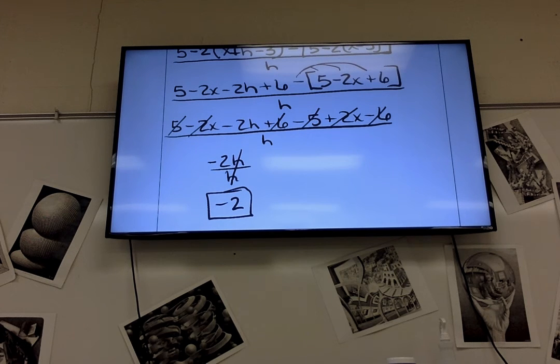Seems ugly because of all the letters. The higher up in math you get, the less numbers there are. Is anybody in here in physics? Okay.